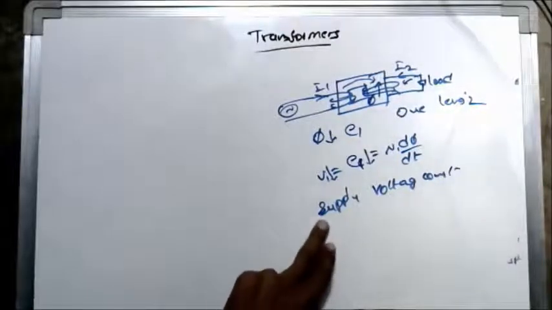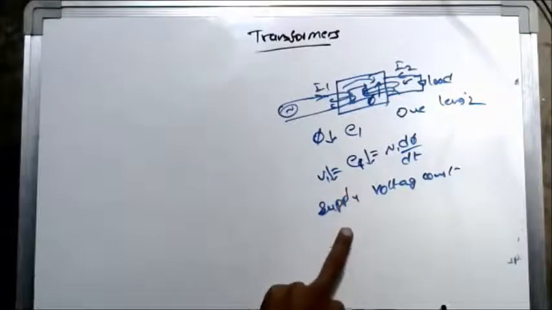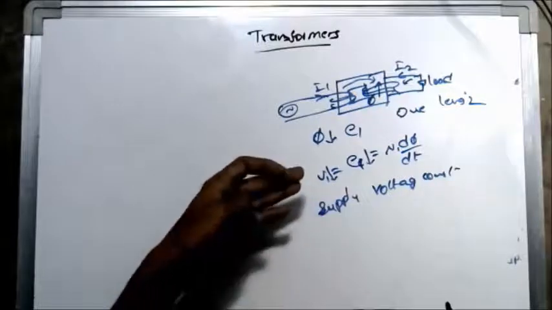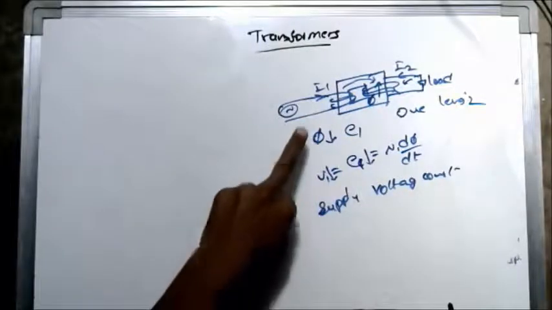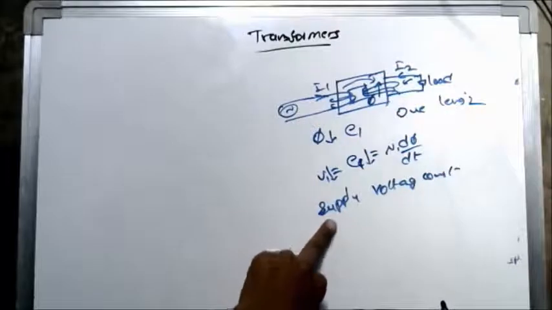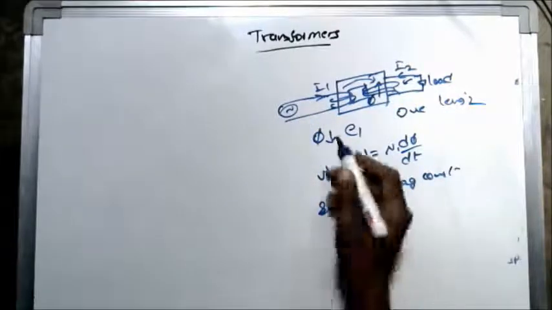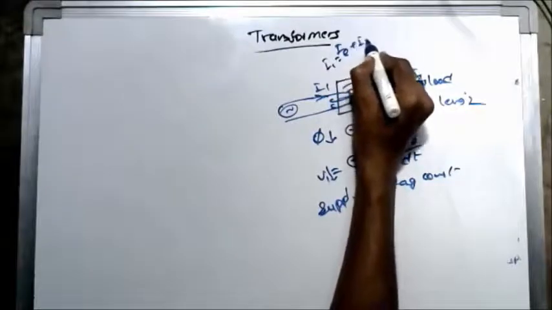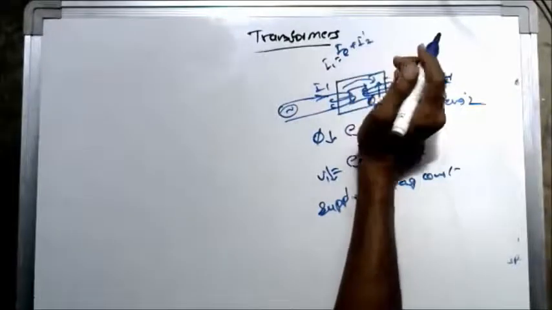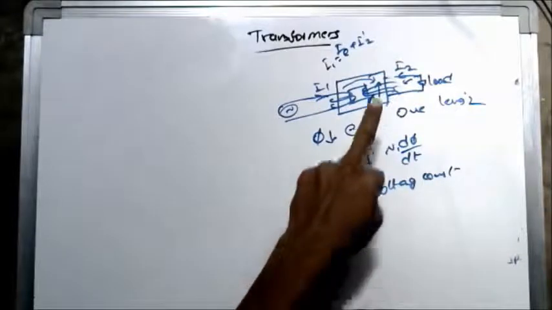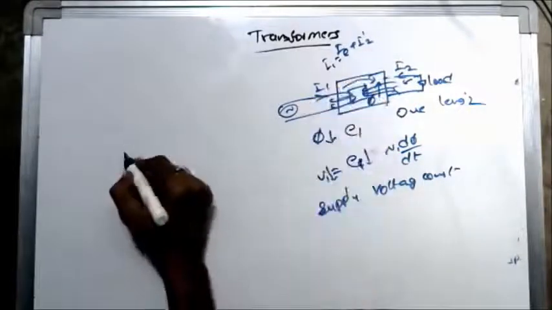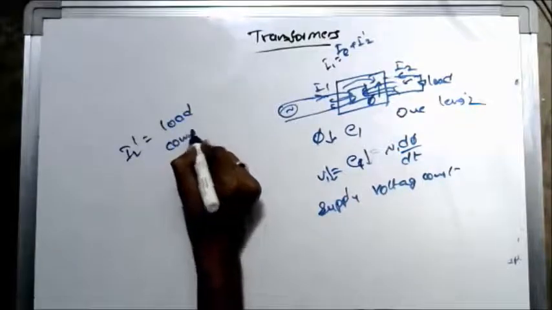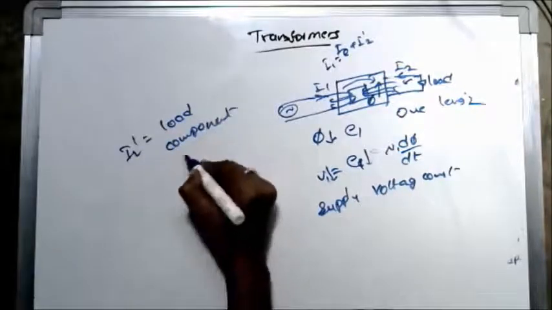So to keep E1 constant, somehow we have to supply the additional current such that we will establish the same flux in the core. That additional current is taken from the source. That is, I1 is equal to IE plus I2 dash. This I2 dash is called the load component of current.